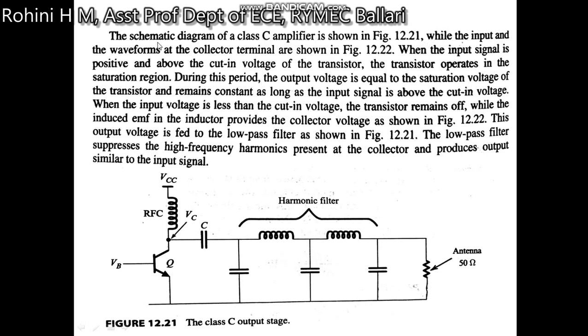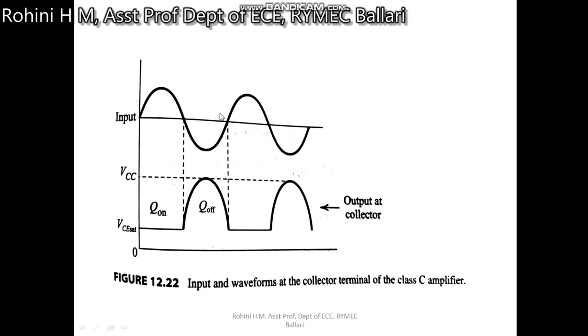The input and the output waveform at the collector terminal are shown in the next diagram. This is the input waveform and this is the output waveform at the collector terminal, the VCE side. This is the output voltage at the collector terminal.